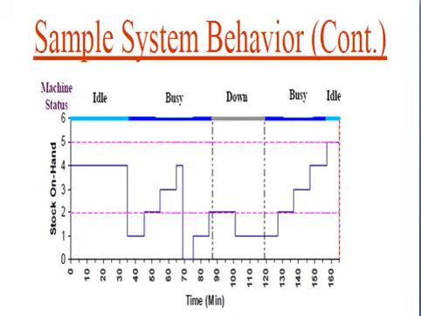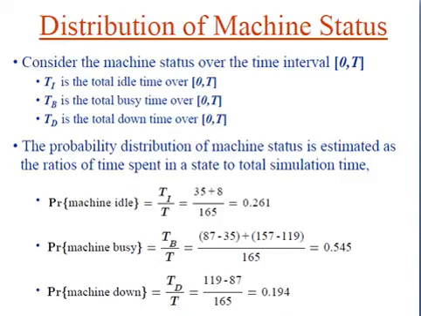Idle is 0 to 35, so that is my 35 minutes, and there's also a small portion of idle time, so that's going to be 165 minus 157 plus 35, divided by this whole 165. So that is basically my idle time, and the value comes out to be 0.261.